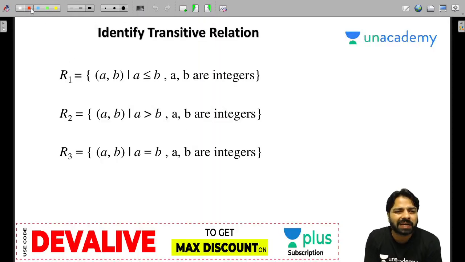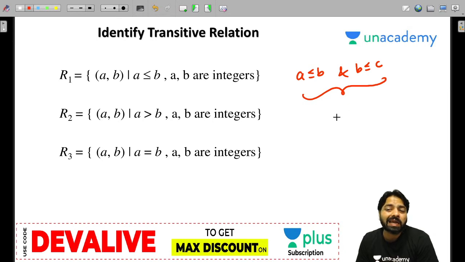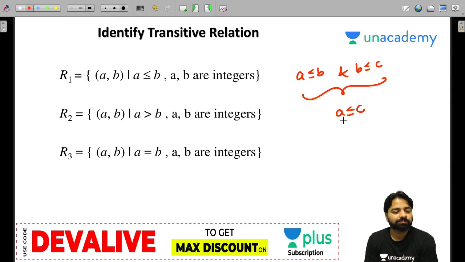Okay, now identify transitive relation. You need to do it like this. Suppose A less than or equal B and B less than or equal C. Will you have A less than or equal C in this relation? Okay, everyone, A comma B present, B comma C present. Is it guaranteed A comma C present?